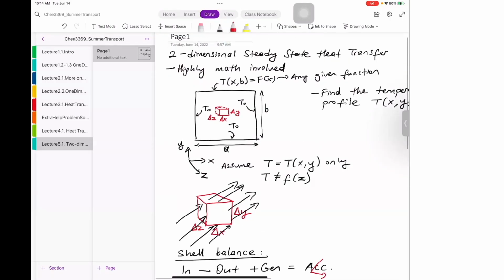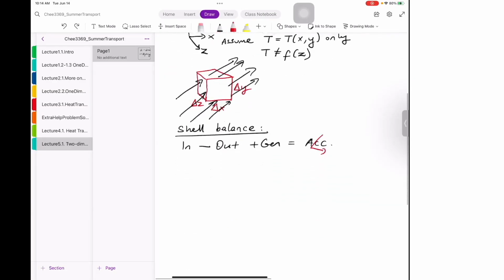I'm just keeping these temperatures constant, T0s and this. And I want to see how the temperature is going to look after a while, after the system reaches steady state. So this is 0 due to steady state. There's no generation.